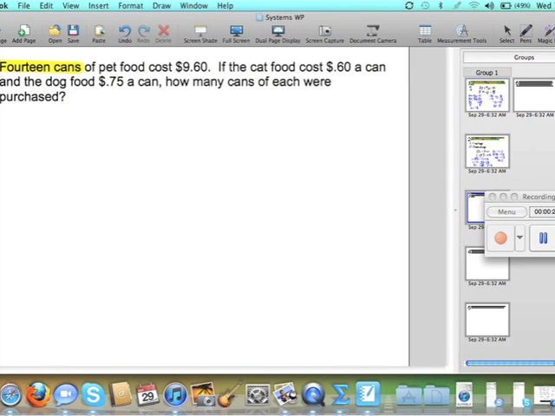We know that they cost $9.60. If the cat food costs 60 cents per can, dog food is 75 cents per can. How many of the cans were purchased? So we're looking for how many cans of each were purchased.